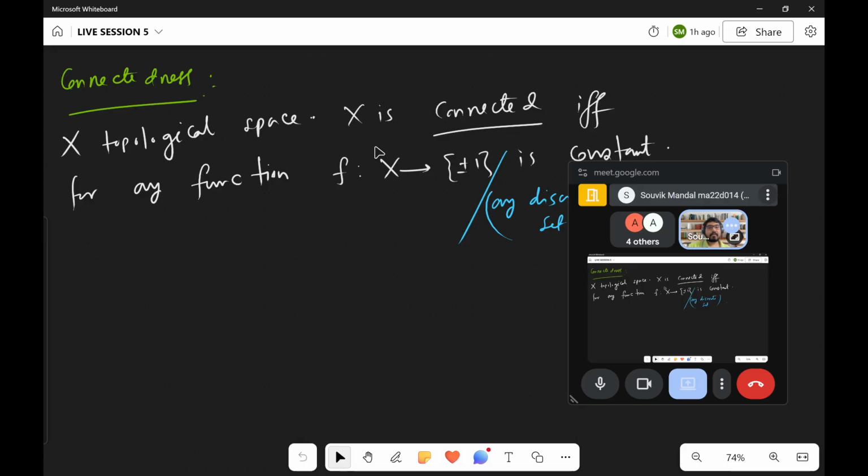Can you please think and try at least to do one direction? Let's try to solve one direction first. Suppose X is connected, and then show that the function is constant.